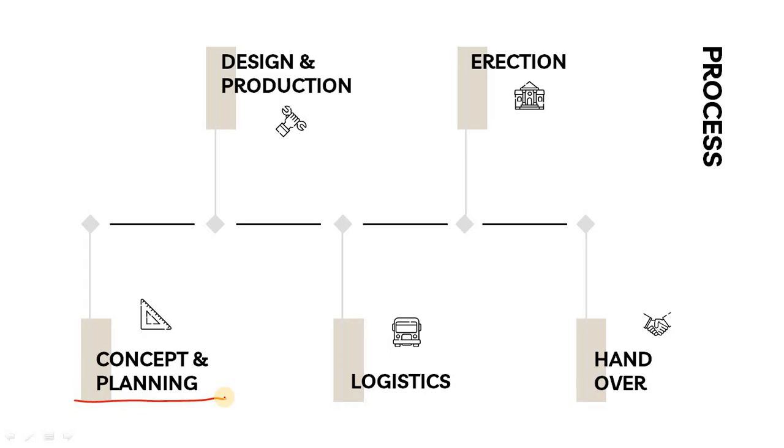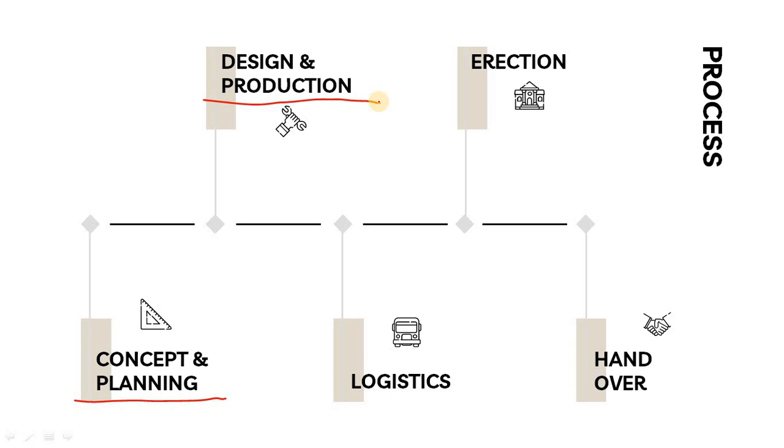Then comes design and production. Based on the planning and bifurcation of the elements, the design will be carried out, where all the structural points will be taken into consideration.